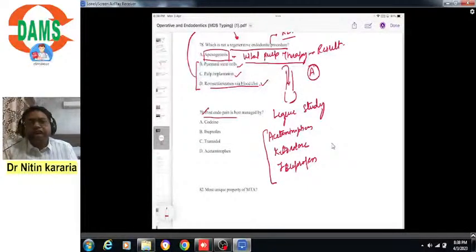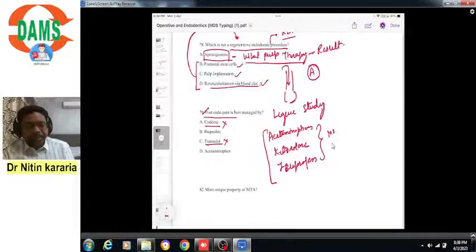So if we look at the options, definitely codeine is an opioid type of drug, it is ruled out. Tramadol is ruled out because the most effective drugs are non-steroidal anti-inflammatory drugs. So we are left with options ibuprofen and acetaminophen. Answer could be either B or D.